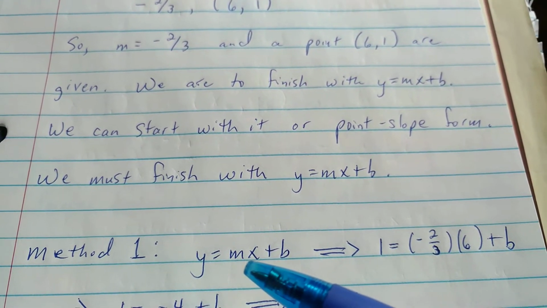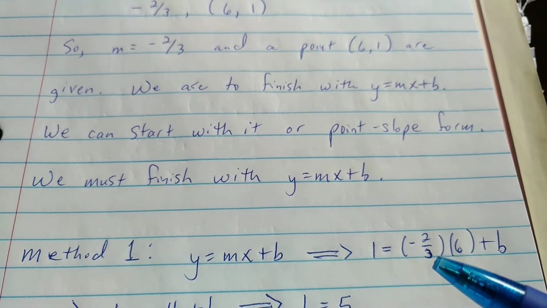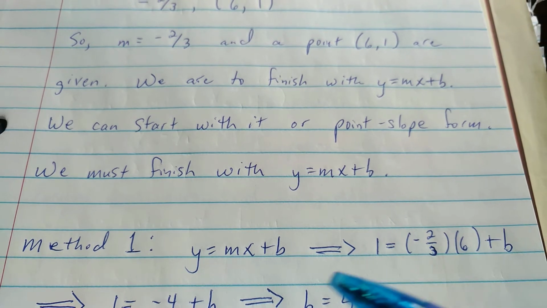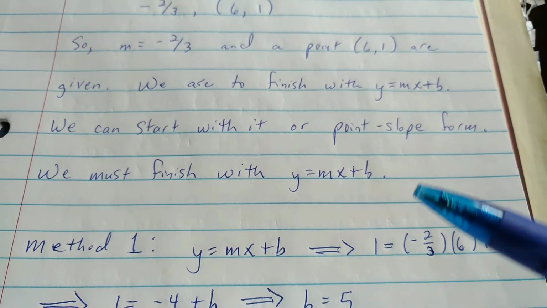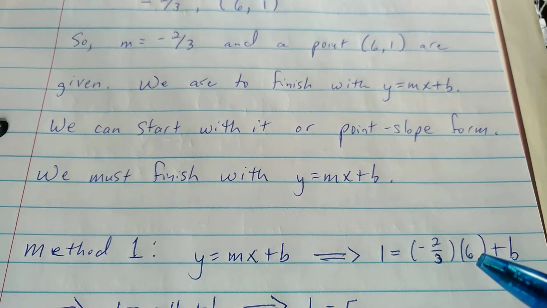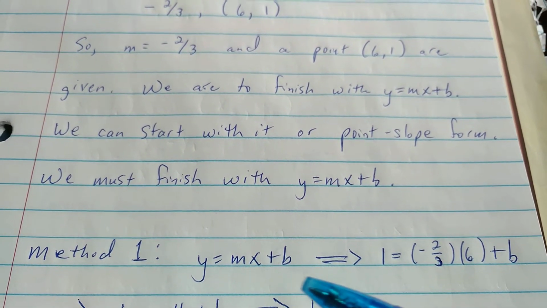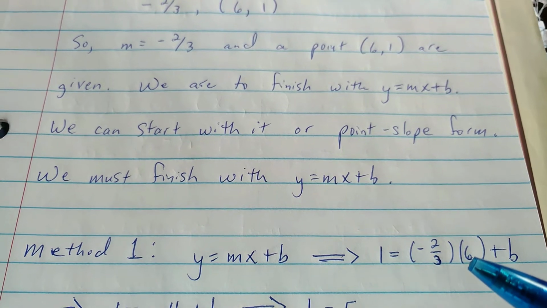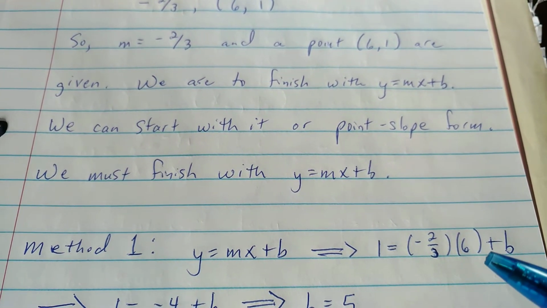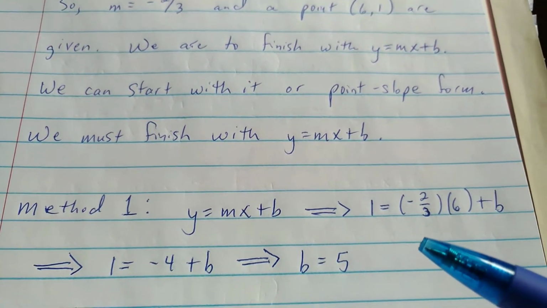For a set of parentheses where m used to be, I substitute the value negative 2/3 times the x that goes with the y value 1. That x is 6. Thus, a set of parentheses for where x used to be, we now have parentheses with the number 6 in its place. And then plus b, which we need to find.